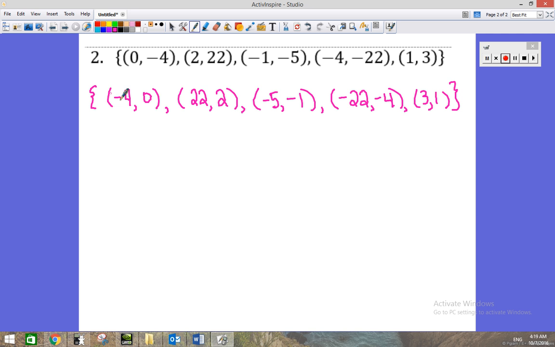Alright, so this time we see the negative 4, I don't see another negative 4, positive 22, I don't see another positive 22. With a short list like this, you can just check it by inspection. Remember that we did suggest that you can make a mapping where you list the numbers in the domain.